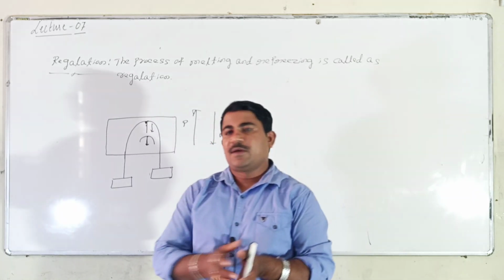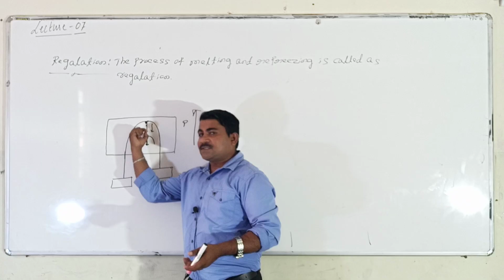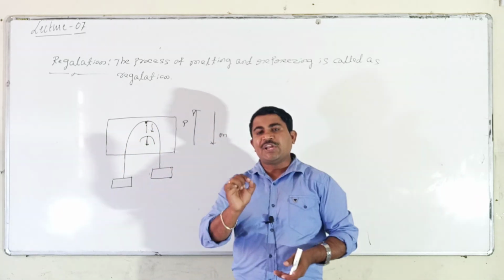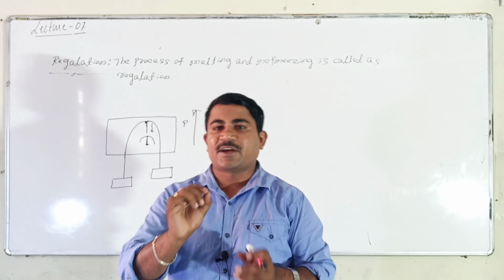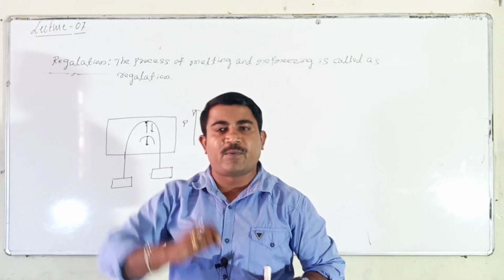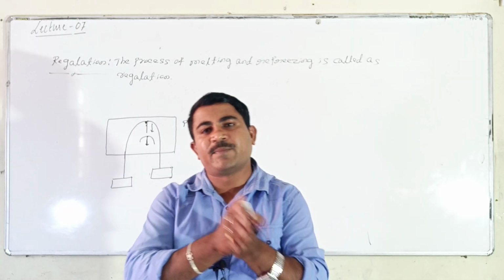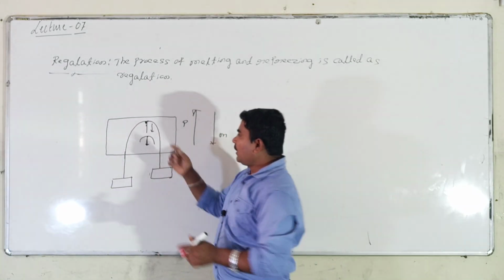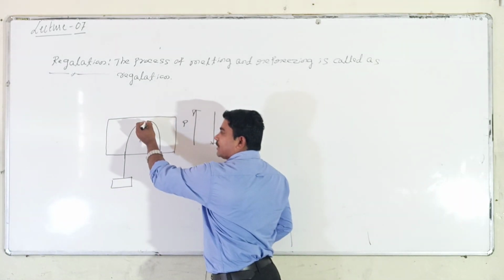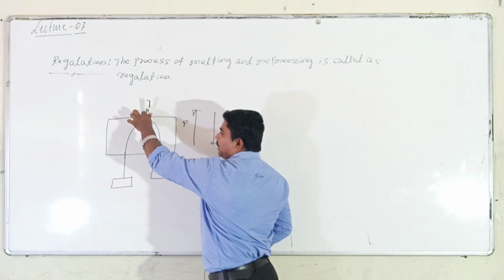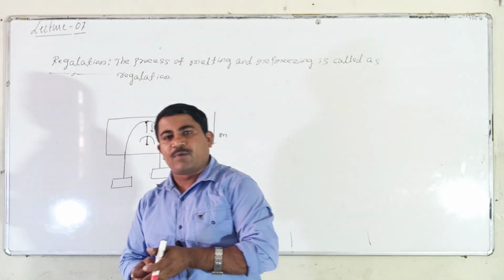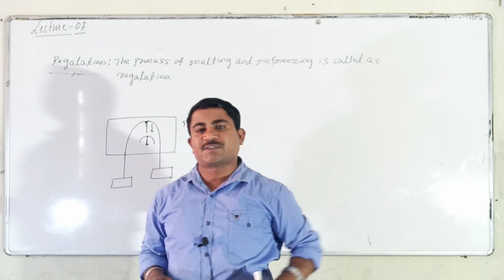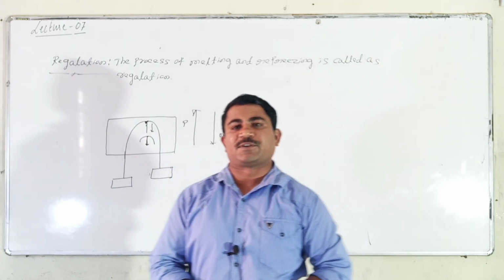Actually what happened? When the wire passes slowly, melting point decreases, as a result ice is converted into water. The converted water again comes up over the wire and it refreezes due to removal of this pressure. Only where pressure exists, at this point pressure exists. Due to pressure melting point decreases, ice converted into water. Again the melted water comes up, again refreezes due to normal atmospheric pressure.